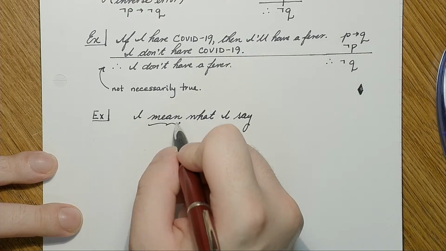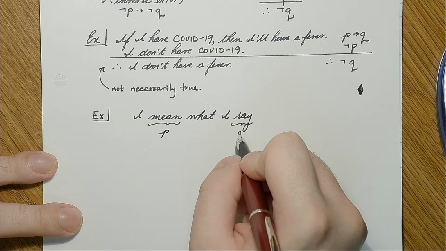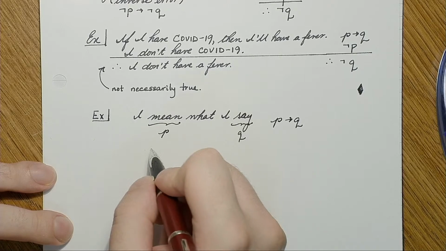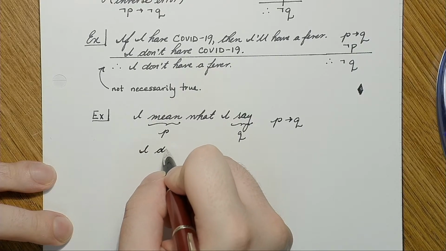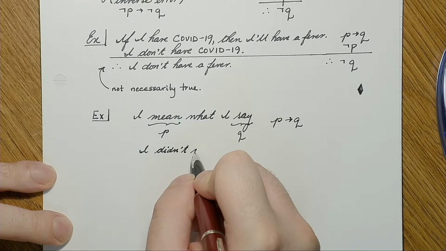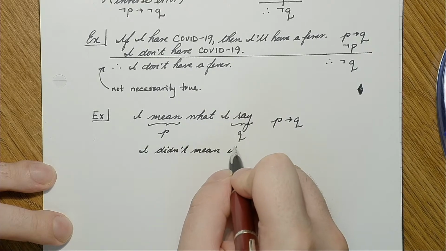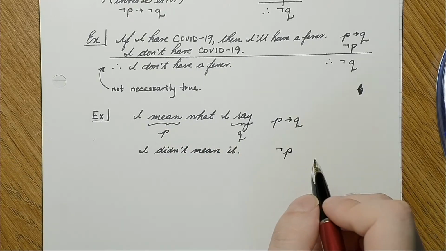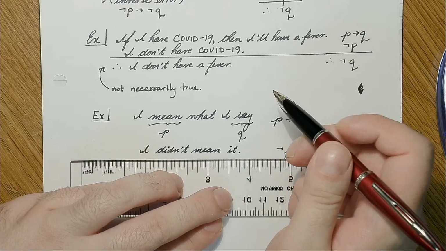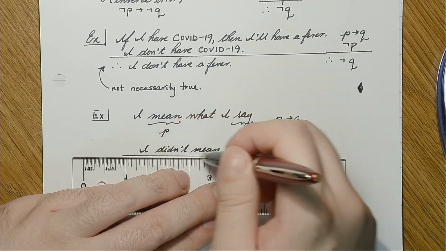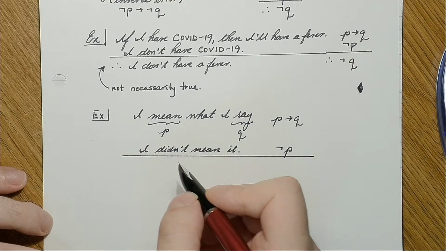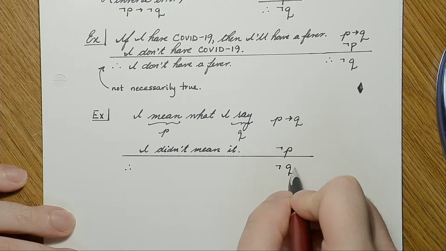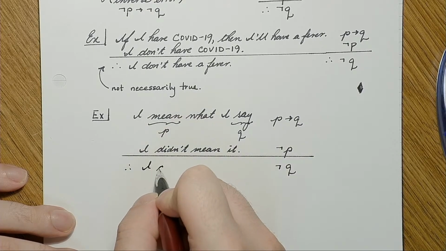So we'll say that this is P, here's Q. I didn't mean it, let's say that that's not P. So if I mean what I say, and I didn't mean it, therefore, the not Q would say, therefore, I didn't say it.